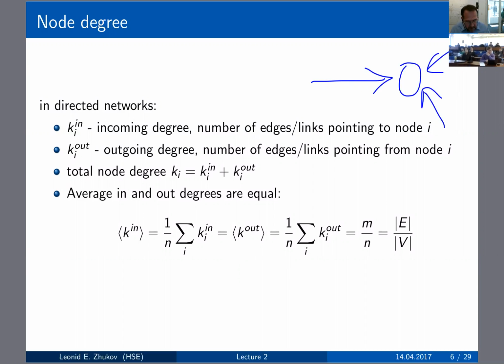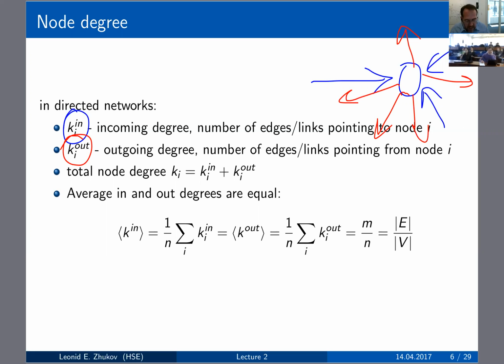This is the blue one. And there is also outgoing, which is the number of edges leaving the node. And of course, it doesn't have to be the same. Then the total node degree will be the sum of those 2.